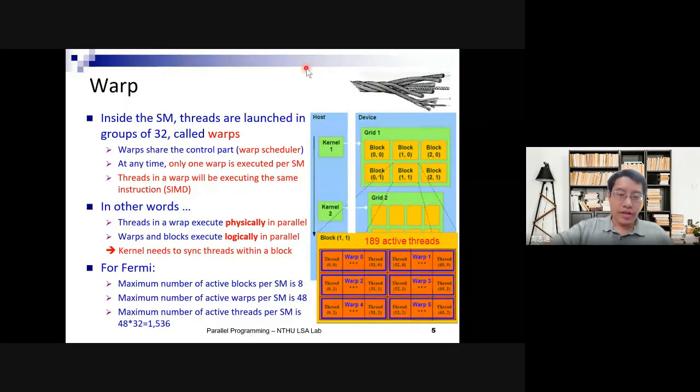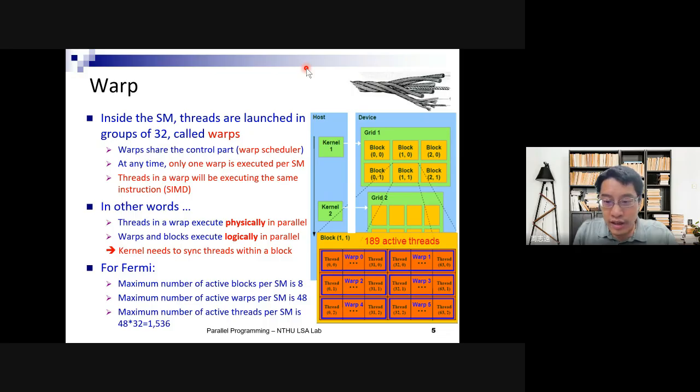Okay, so quick recap. Last time we started talking about the GPU architecture, and we started with the execution, and we mentioned the concept of warp, which corresponds to a single processor on the GPU.